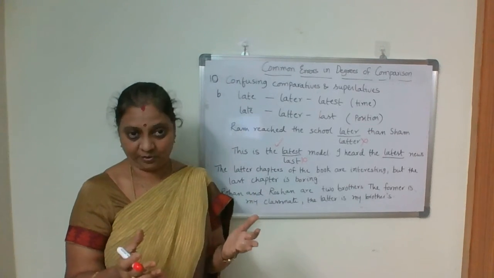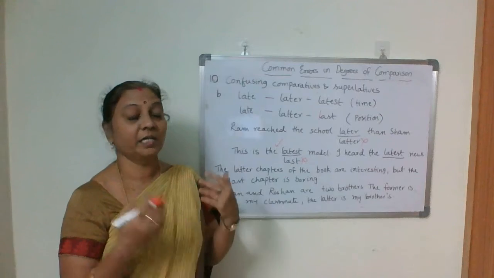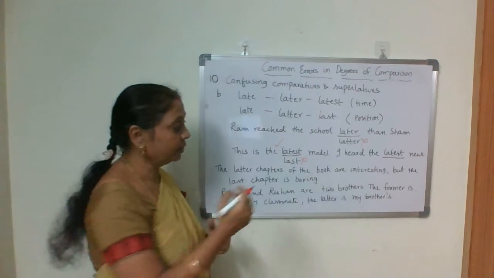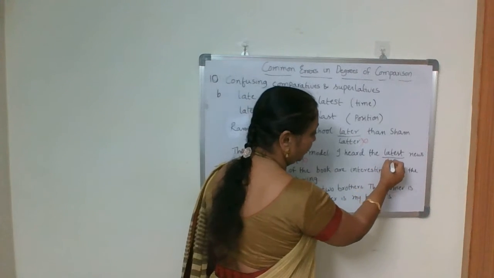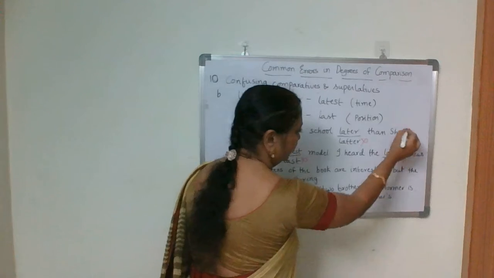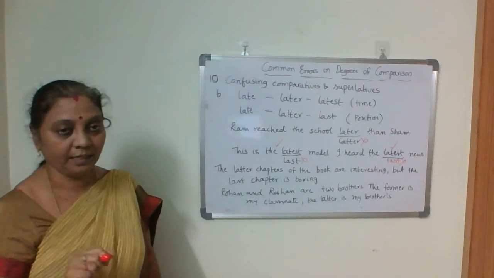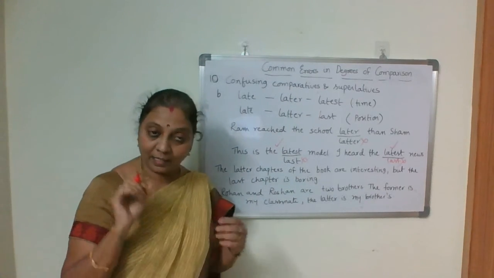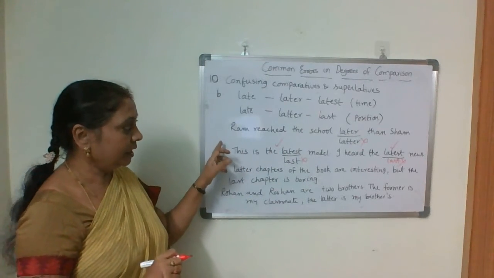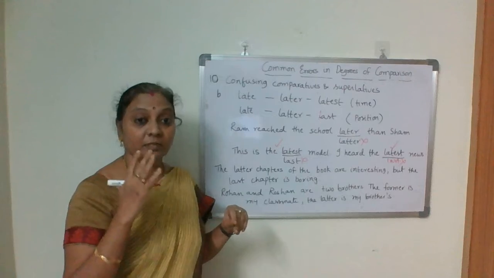Or, what is the latest news? We usually ask. Or, I received the latest news. I heard the latest news. You cannot say I heard the last news. Okay. That last is wrong. Latest is correct. This is the latest model. This is the latest news. In such cases, we can use it. So later and latest talk about time.